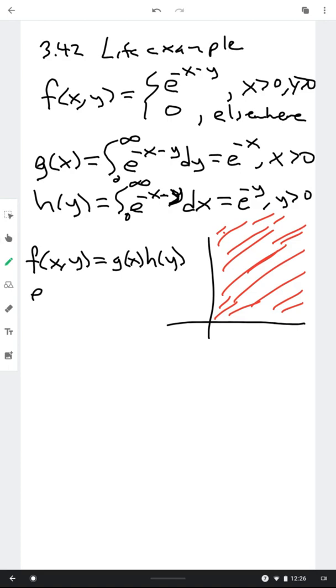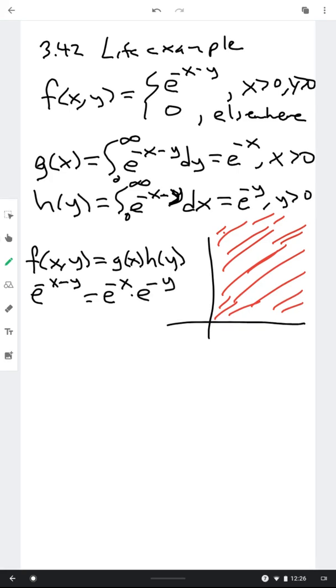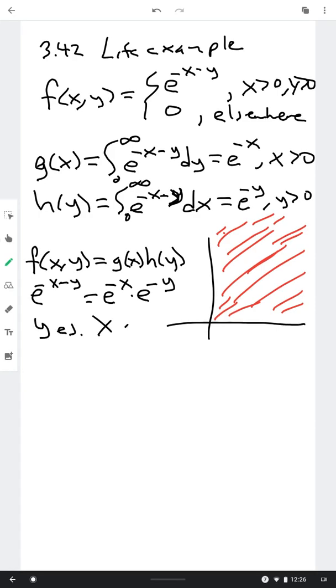And indeed it is. E to the negative x minus y is equal to e to the negative x times e to the negative y. And definitely their domains, when you combine them, are also the same. So the answer is yes, x and y are independent.